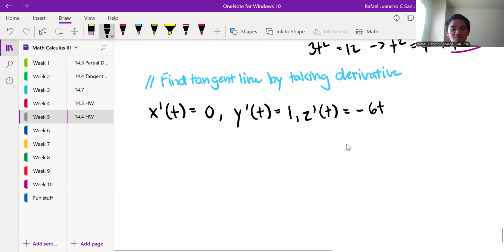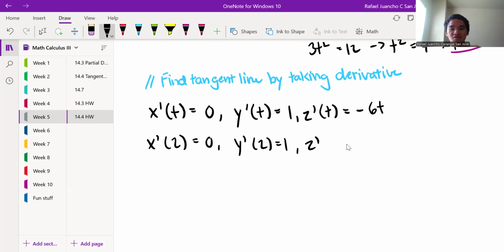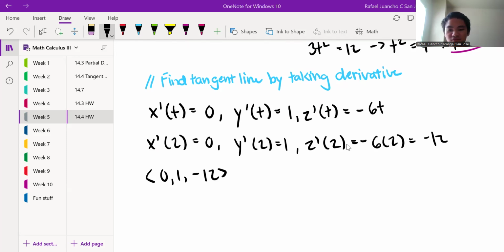And so we just plug it in. x prime of 2, we just get 0. y prime of 2, we get 1. z prime of 2, we get negative 12. And so we have this vector 0, 1, negative 12. So that's the tangent vector at that particular point on the curve, right?